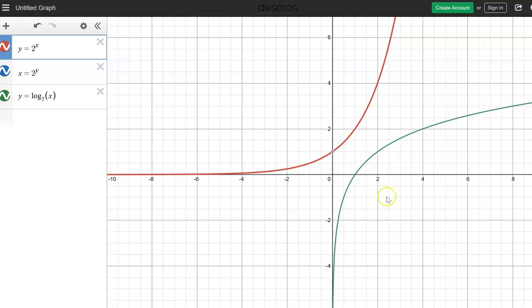Here are the points, and the values are exactly what we talked about.